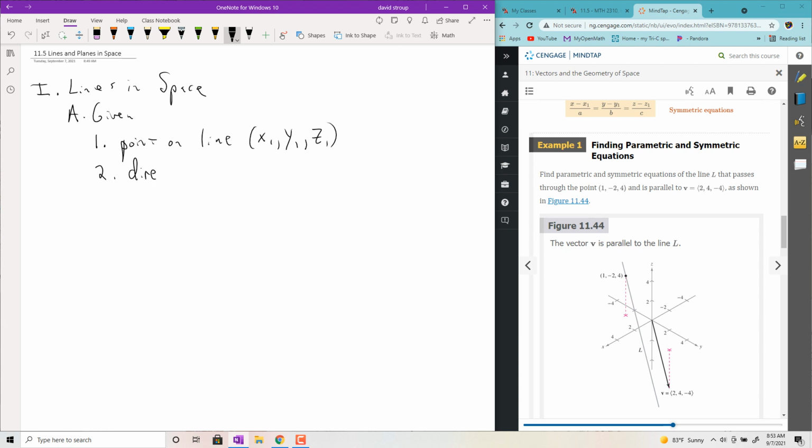So basically a directional vector, a, b, c. And this directional vector is parallel to the line that we're trying to create.